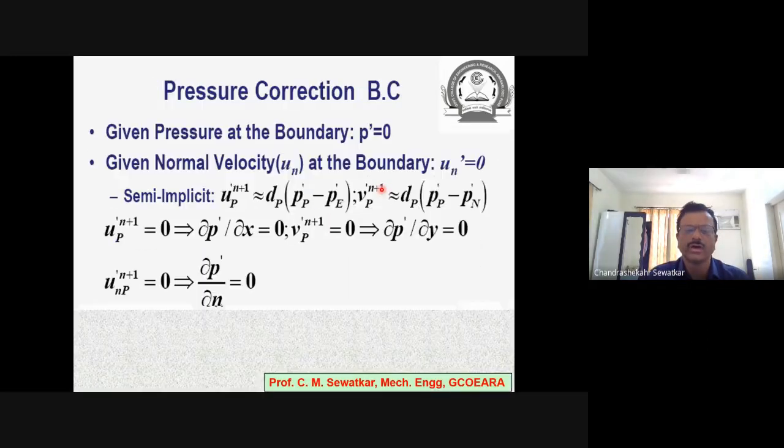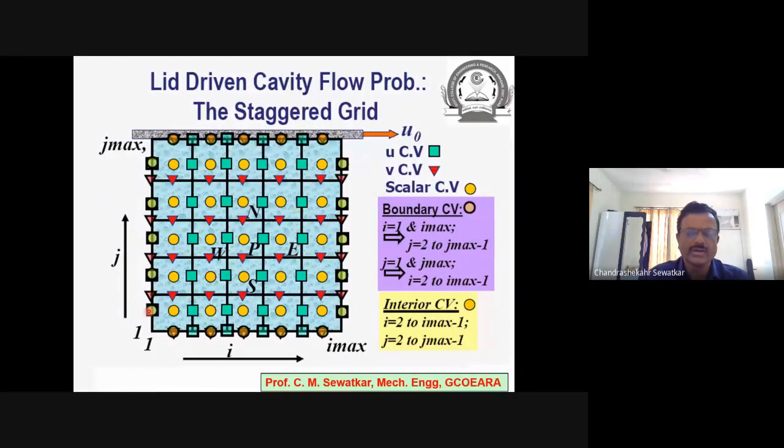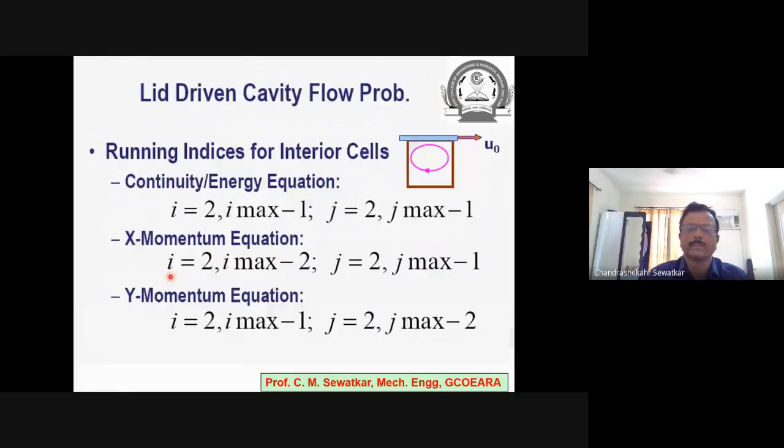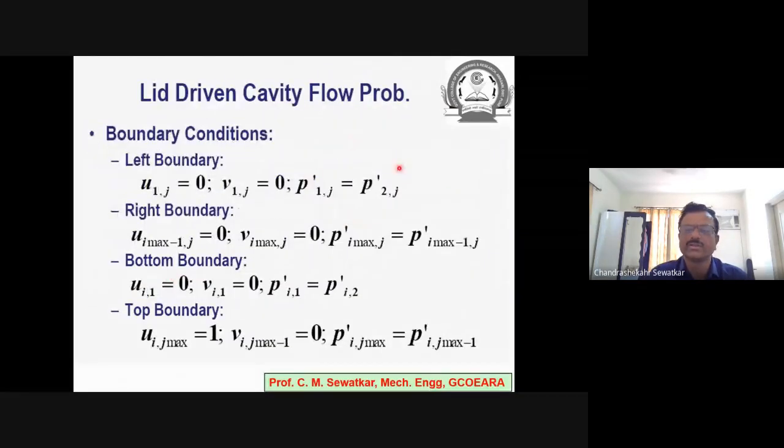I was talking about the pressure here being equal to the pressure here. Only if these two pressure corrections are equal will I get the gradient of pressure correction equal to 0. So the pressure correction boundary condition is given like this.